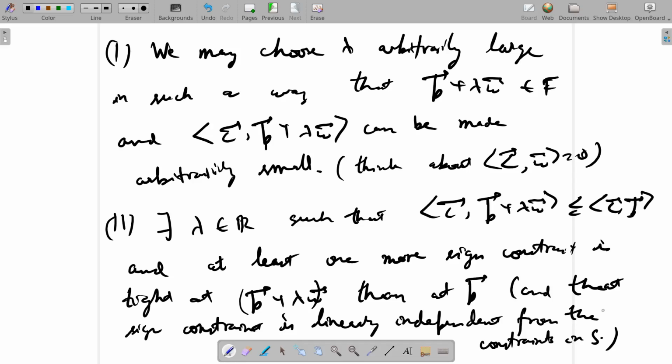That's why I had told you that S in fact depends on P. So here also, if you replace P with P plus lambda W, you'll have to think of the new S as the one which also contains this new index. All right.